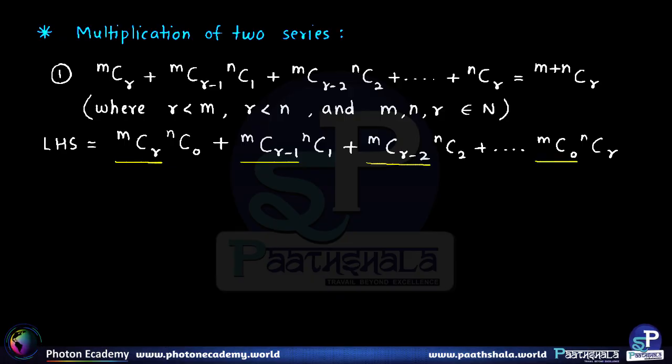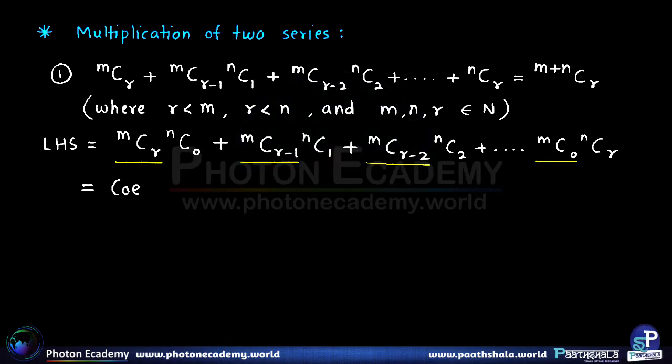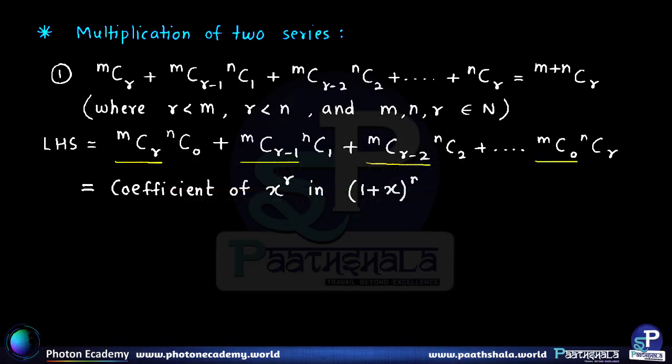So LHS is nothing but the coefficient of x raised to r in the product of 1 plus x whole raised to m into 1 plus x whole raised to n.